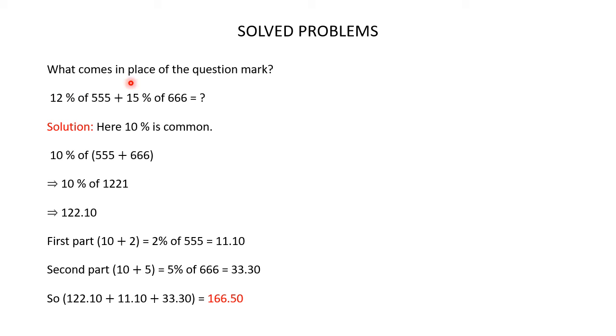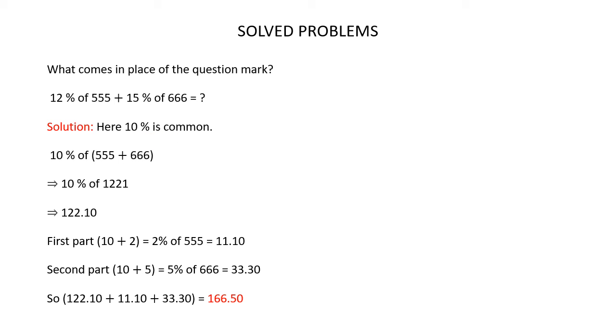What comes in place of the question mark? 12% of 555 plus 15% of 666 is equal to how much? Now, among 12% and 15%, we know that 10% is common.